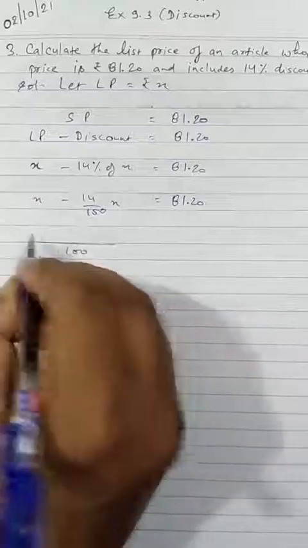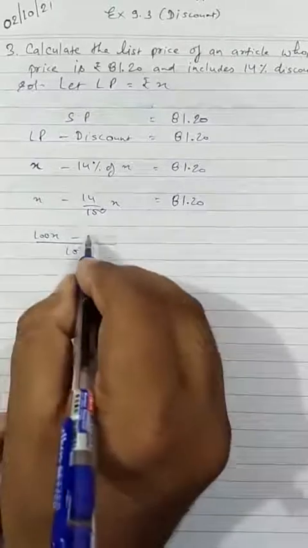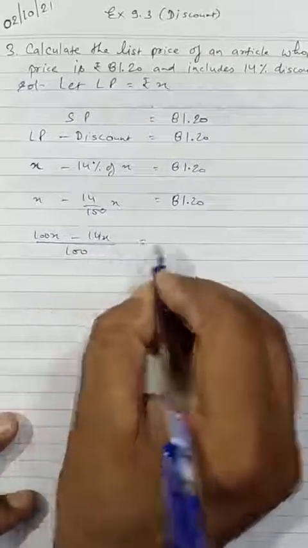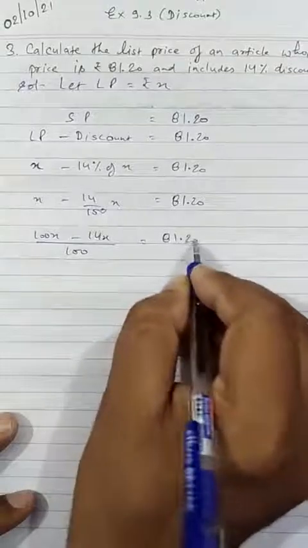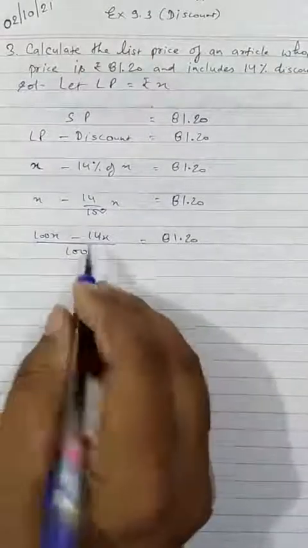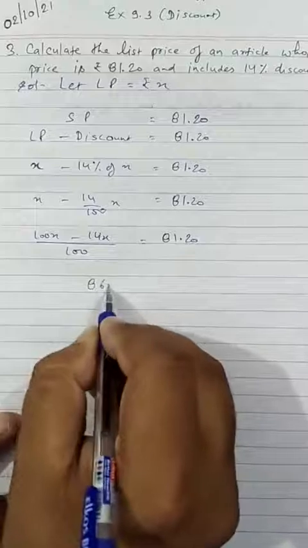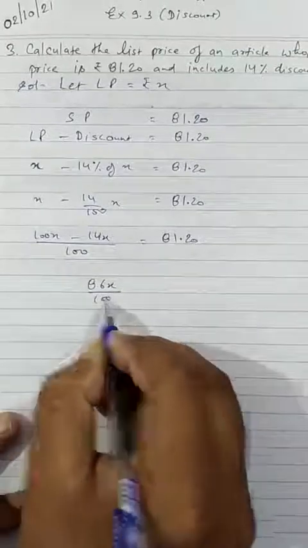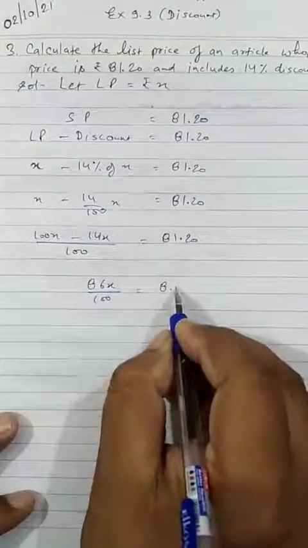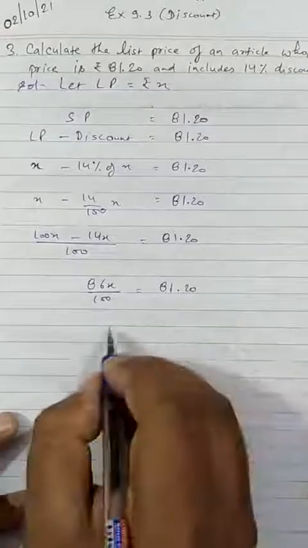100 is the LCM. It's 100x minus 14x equals 81.20. Subtracting this, we get 86x upon 100 equals 81.20.